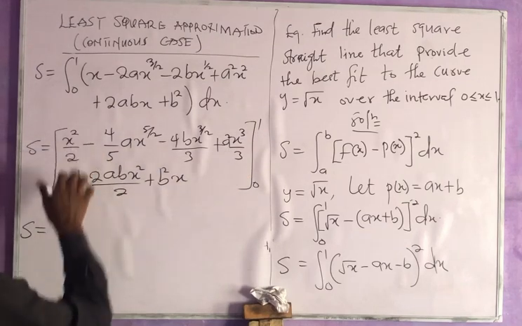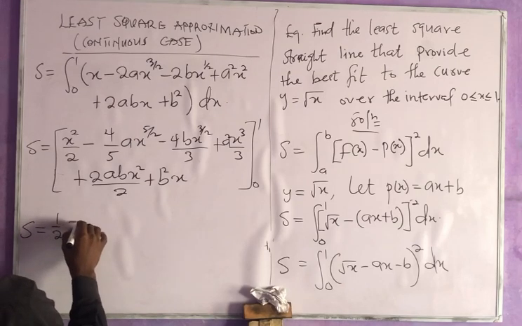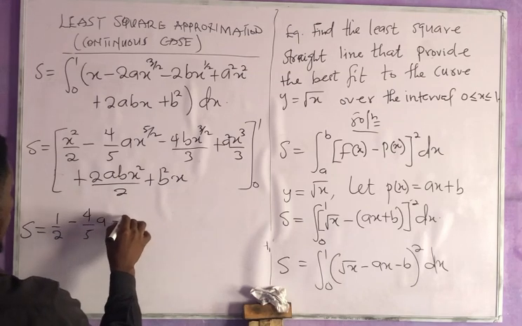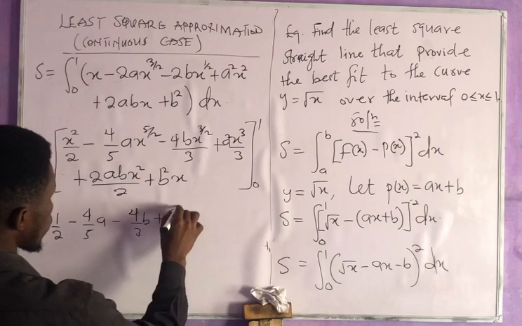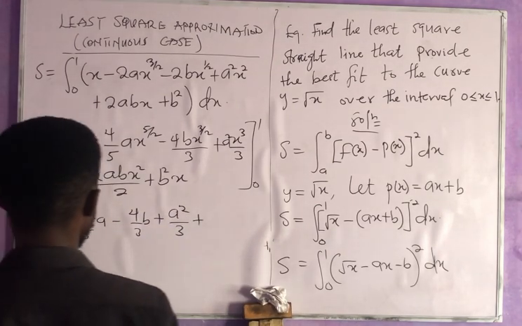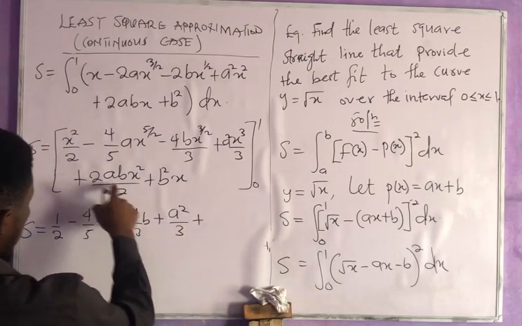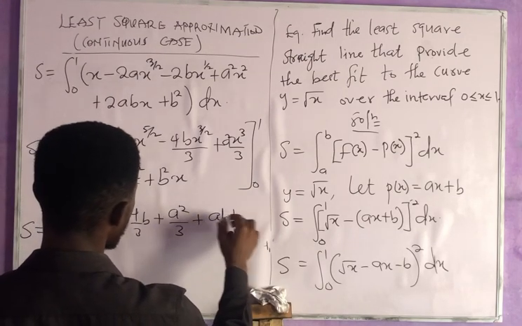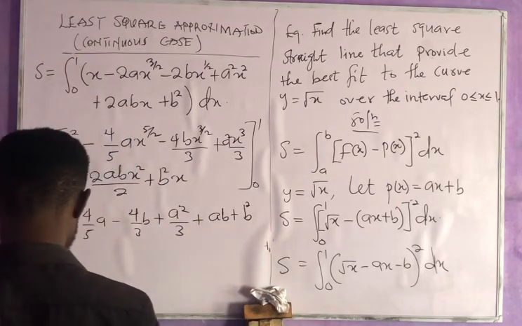If I put 1 here, I'll have 1 over 2 minus, if I put 1 here, still it will give me 4 over 5 a minus 4 over 3 b plus a squared over 3, plus ab here, since these two 2s cancel, and plus this one too will be 1, so this will give us b squared. Is that okay?